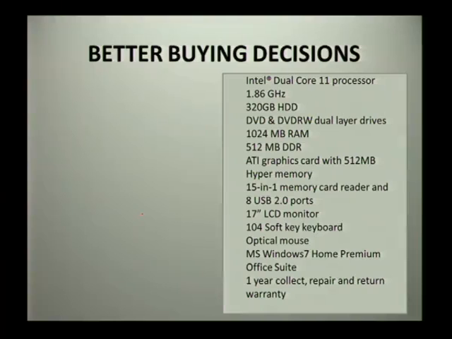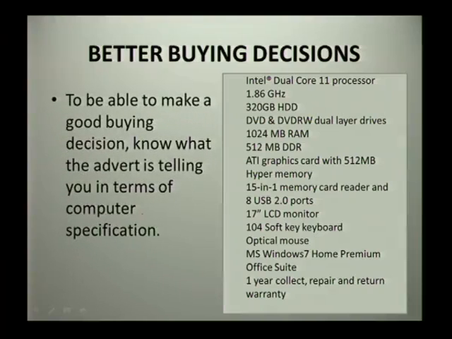So the first thing you need to think of to be able to make a good buying decision is to know what the advert is actually telling you in terms of computer specifications. When you talk of specifications, we talk of the sizes of a computer. There are a few things that you really need to focus on and be able to explain whenever you see them in an advertisement.